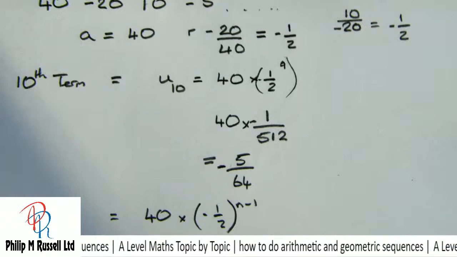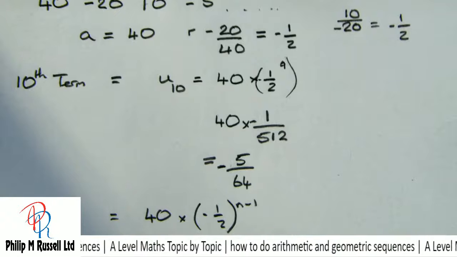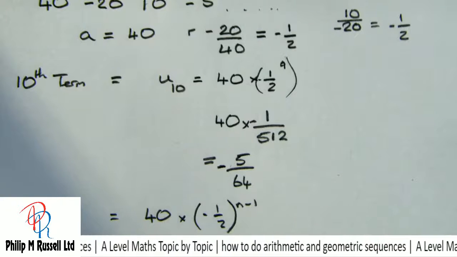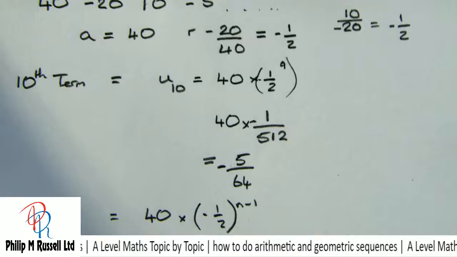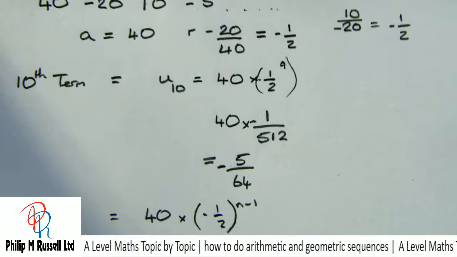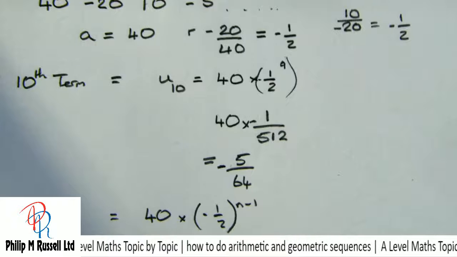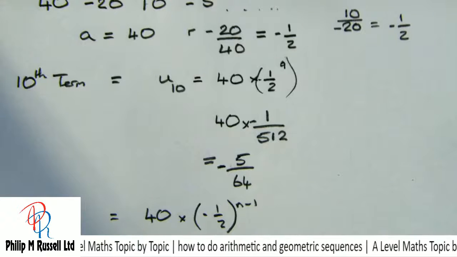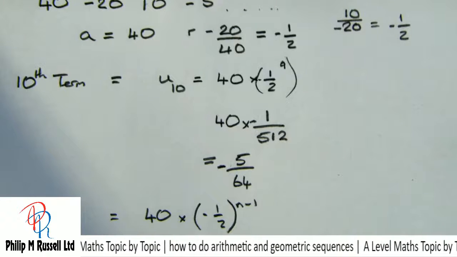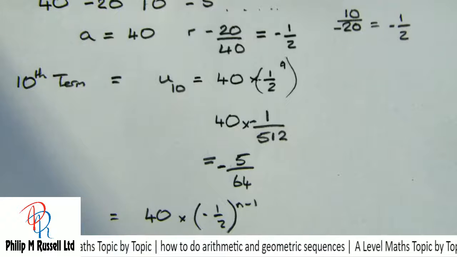I'm thinking here I've got that, and I can divide by that one. So a bit horrible. Take out the minus, so I'm going to have minus 1 to the n minus 1 times 5 over 2 to the n minus 4.